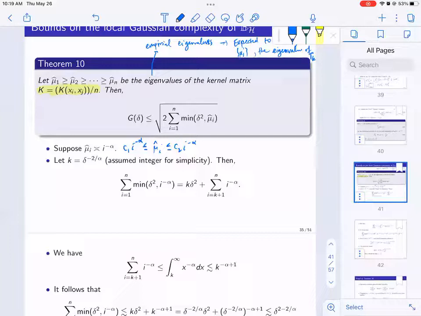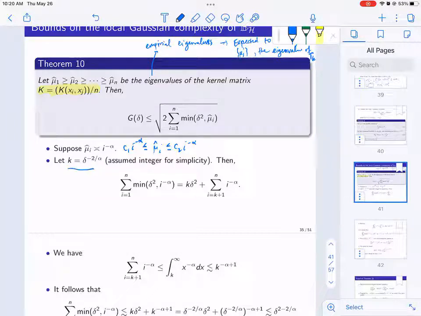I want to see where the minimum occurs. So delta squared, let's say, equal to this roughly. This means i has to be delta to the -2 over alpha, right? So let's say this is an integer for simplicity, and call this k.